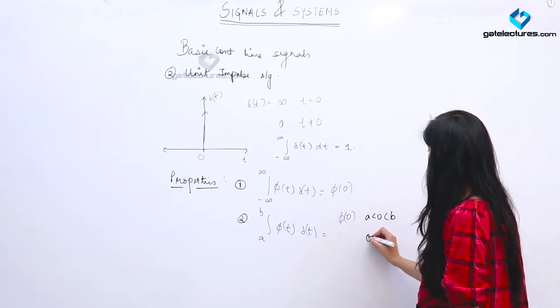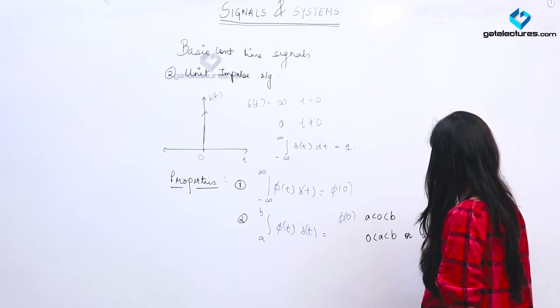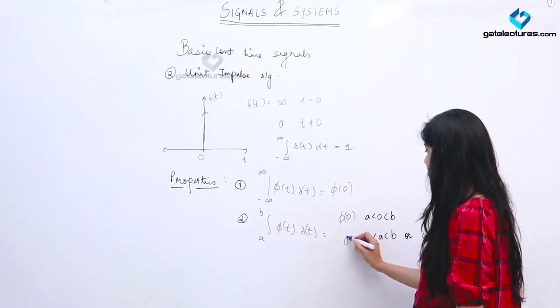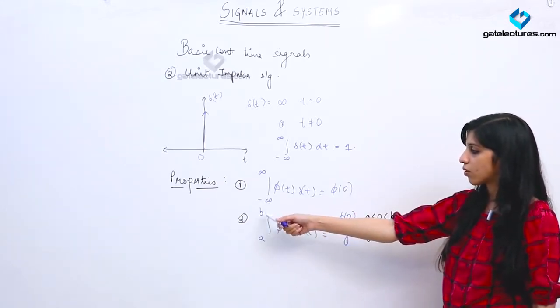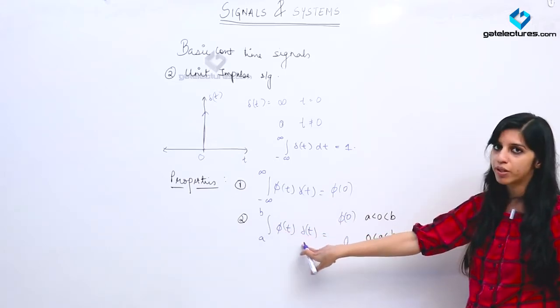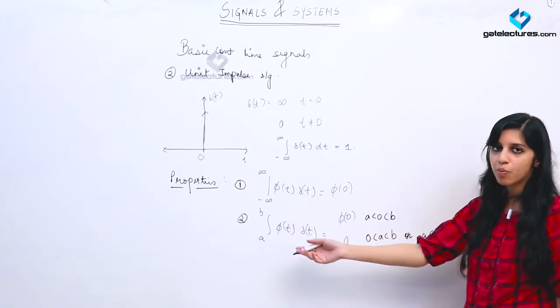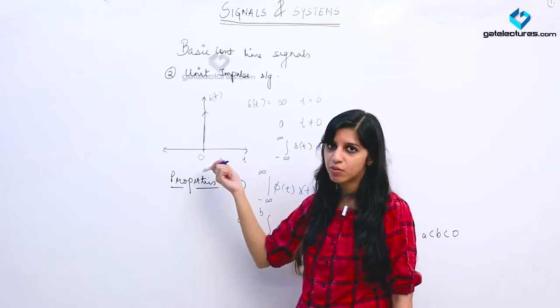If the intervals are something like this, then the result is going to be 0. Since these intervals are not holding the value 0, they are not enclosing this 0 value, that is why delta t is not going to exist at that point. So when you multiply delta t at any other point, it is going to give 0. The value of delta t at any other point except t equal to 0 is 0.